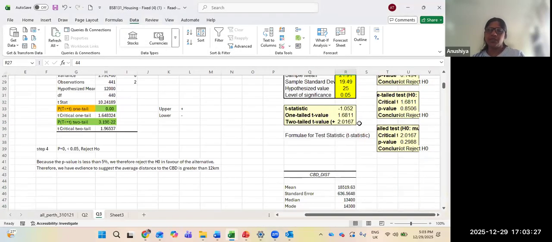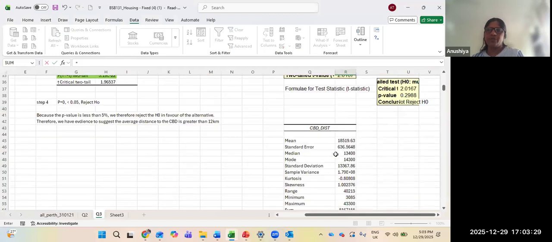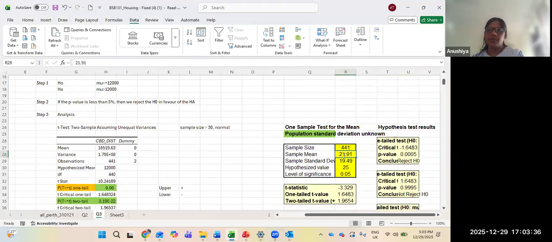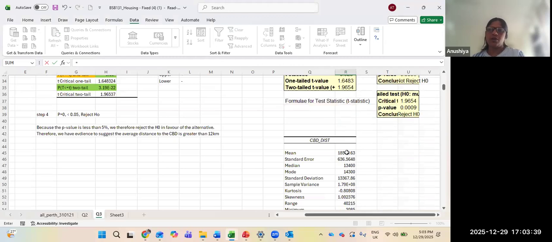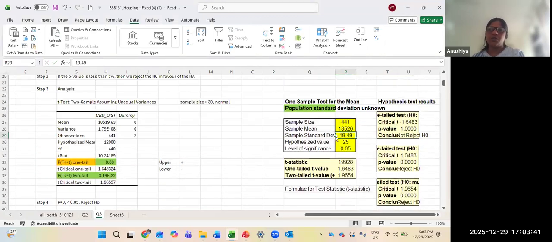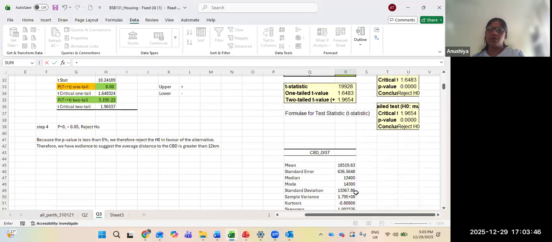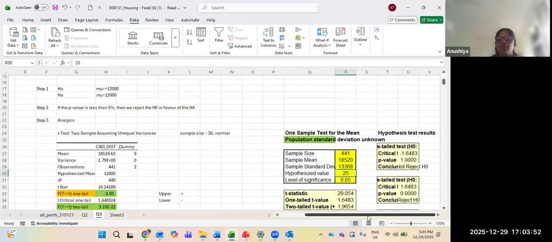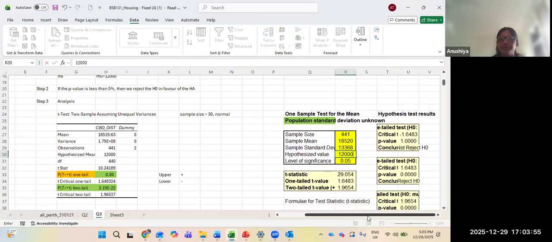So the sample size equals this one, the sample mean equals this one, and the sample standard deviation equals this one. The hypothesis value is 12,000, and the level of significance is 0.05.